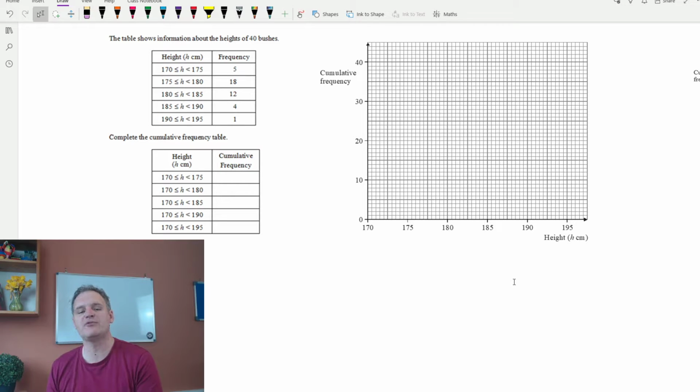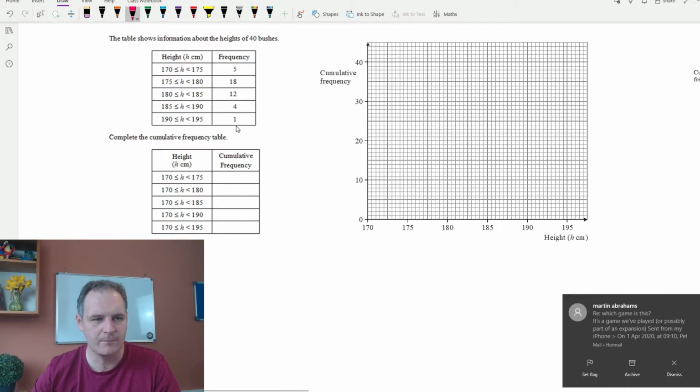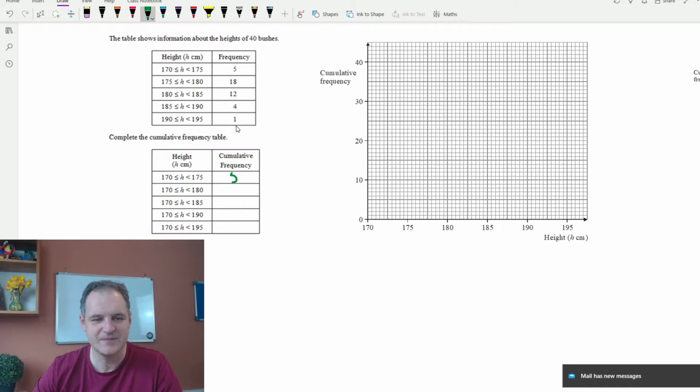And the whole purpose of cumulative frequency, as opposed to if we were to do a line graph or a bar chart, where we could just look at the individual gaps themselves, like between 170 and 175, is that this allows us to look at all the data in one big group by accumulating it together. What that means is, we can take our 170 to 175, which is 5, and then gradually group them together. So, 5 stays there.